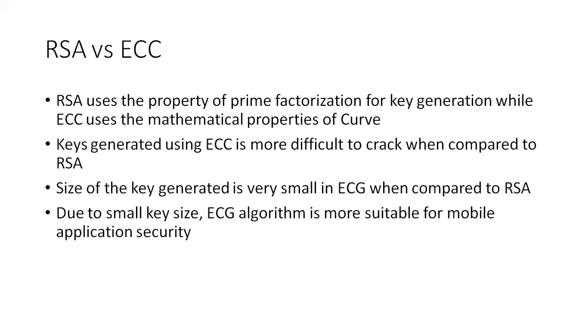This property is utilized in the design of the algorithm. The key generated by the ECC algorithm is more difficult to crack than RSA, because RSA is designed based on the simple prime factorization principle. And the size of the key generated in ECC is small when compared to RSA.